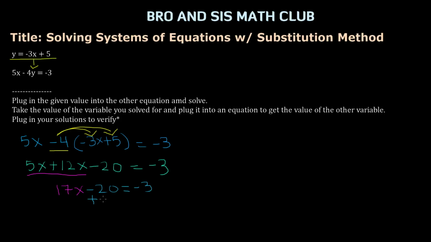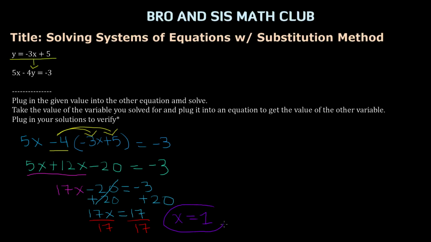Then we add the 20 to both sides so that we can get rid of it on the left hand side, and we'll be left with 17x is equal to negative 3 plus 20, which is a positive 17. And we know that 17x is equal to 17, so when you divide both sides by 17, you get x is equal to 1.